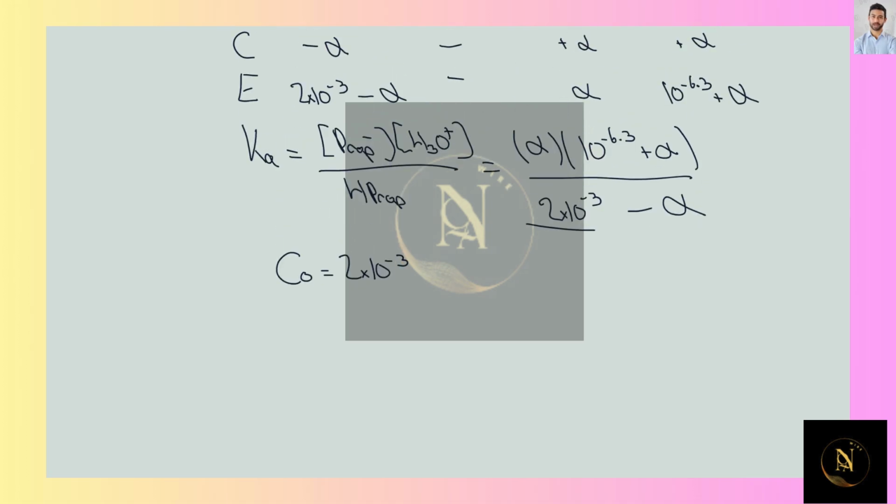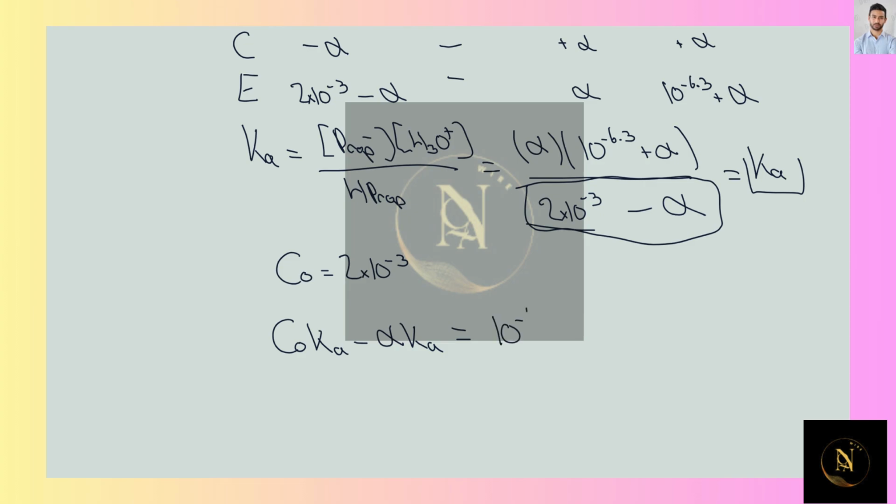This equation can be rearranged by passing the denominator to the other side. This becomes C0 Ka minus alpha Ka is equal to 10 to the minus 6.3 alpha plus alpha squared.